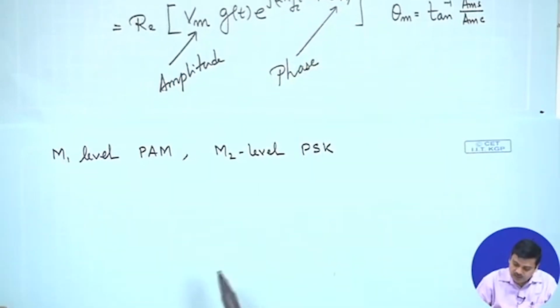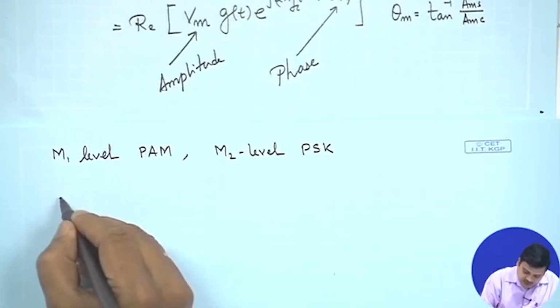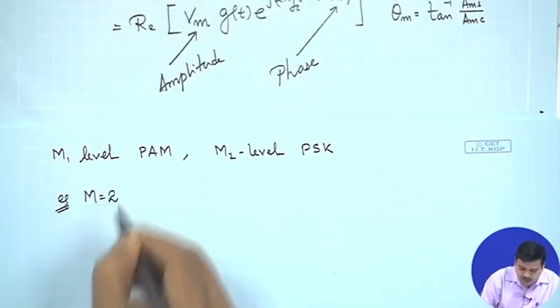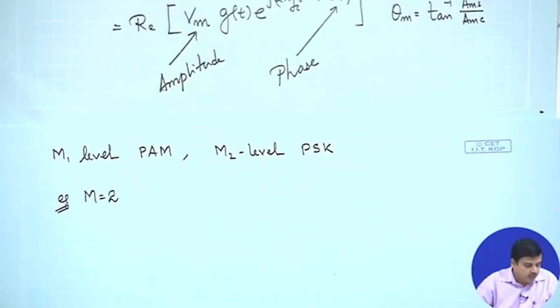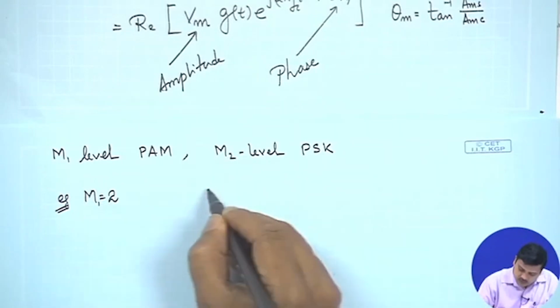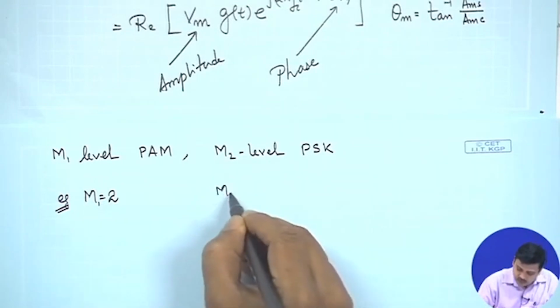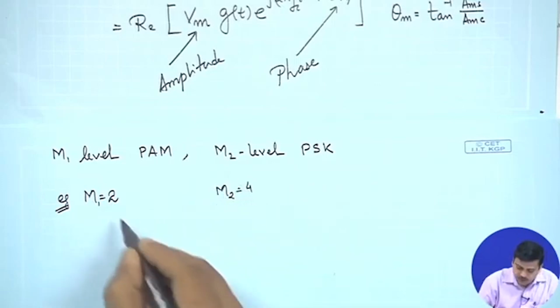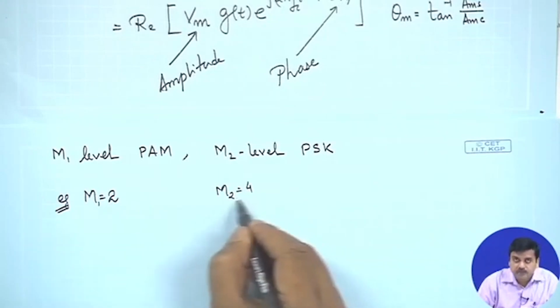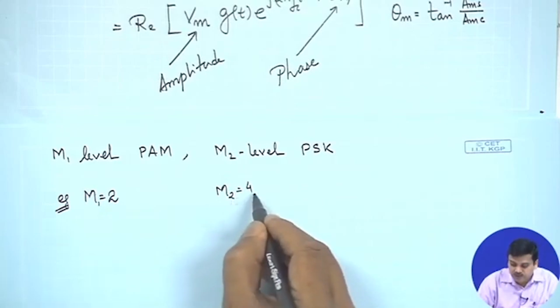As an example, suppose I have M1 equals 2 and M2 equals 4. That means I have two amplitudes, right, and I have four different phases.